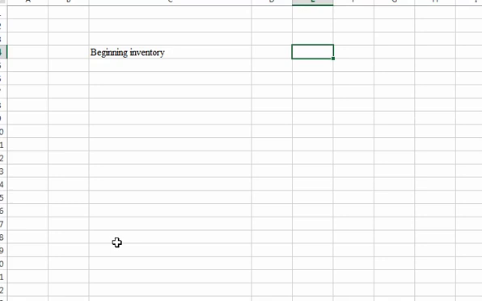The June 30th, 2016 year-end trial balance for the company contained the following information. June 30th, 2016. That's what most of these balances are. So our beginning inventory would have been at 7/1/15. So that's 32,000.